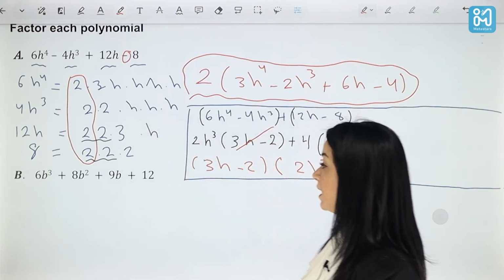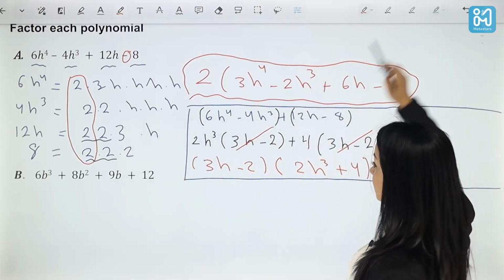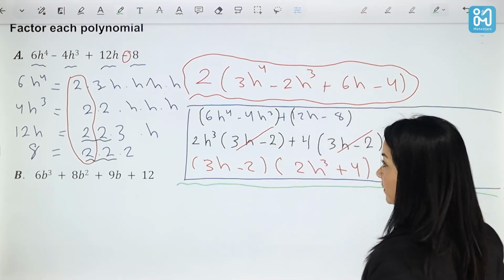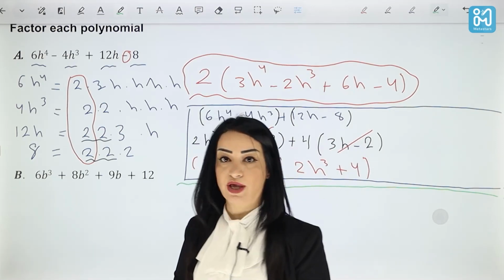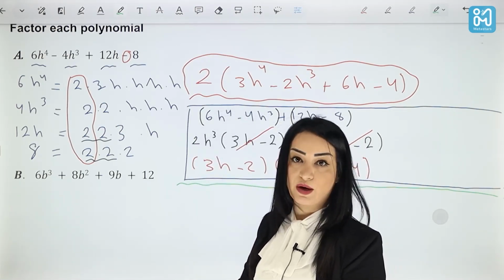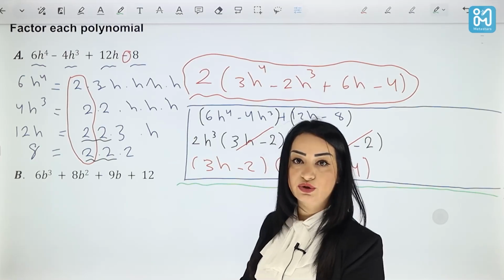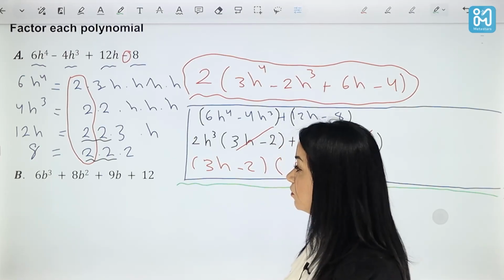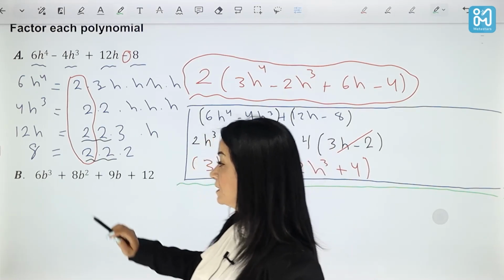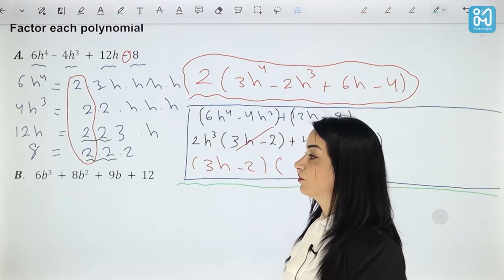Okay, let's try with the second one. How many terms do we have here? I have 4 terms. So what do we have to do now? I need to take each 2 terms together: 1, 2, 3, 4. I will take the first and second together and the third and fourth together.